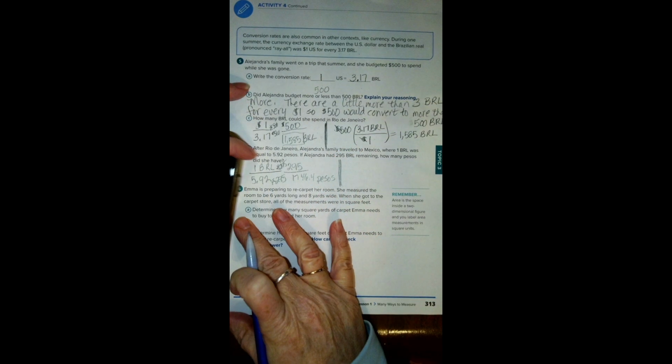Unit analysis. So we know we want to turn it to pesos. We know she's starting with 295 of the Brazilian money.